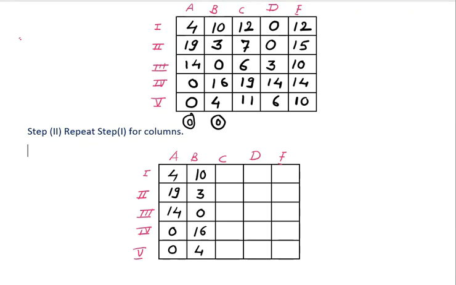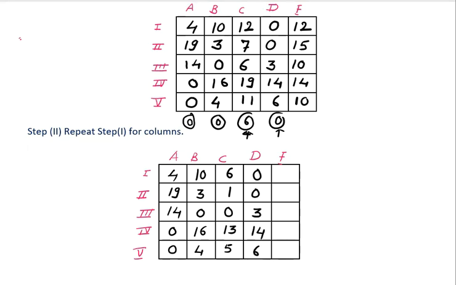In the third column, the smallest entry is 6. So we subtract 6 from all the entries in the third column: 12 minus 6, 7 minus 6, 6 minus 6, 19 minus 6, 11 minus 6. In the fourth column, the smallest entry is 0, so the elements are 0, 0, 3, 14 and 6.